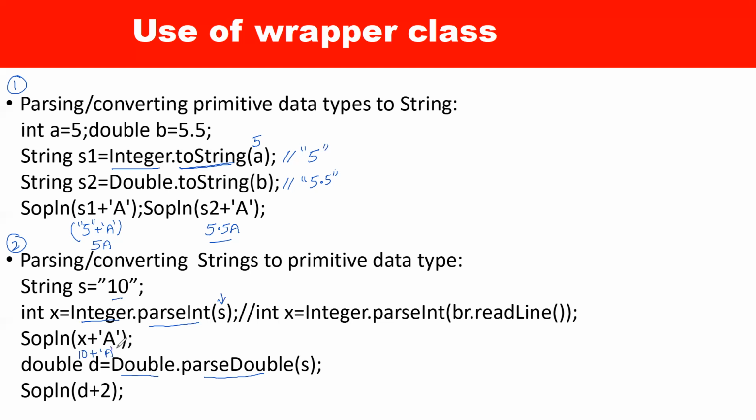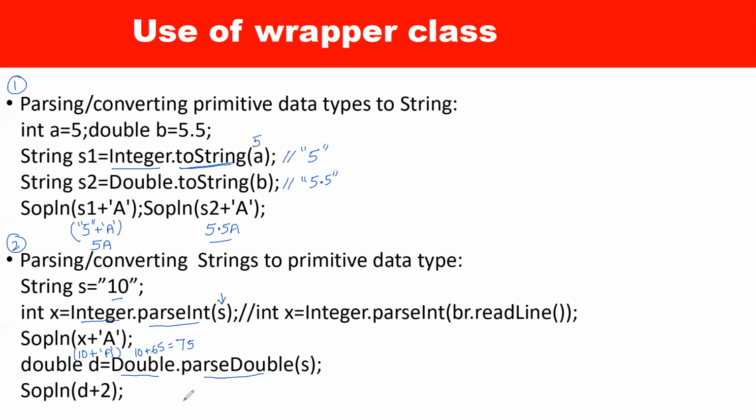Now these two are compatible to each other. Since the data is compatible, plus will act like an addition operator and add them up. Now capital A gets converted to its ASCII value, which is 65. So 10 plus 65 becomes 75. So your answer will be 75 for the first one.